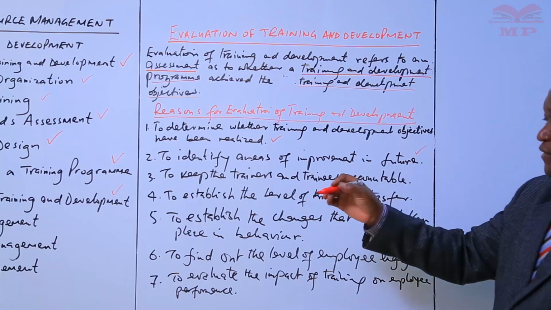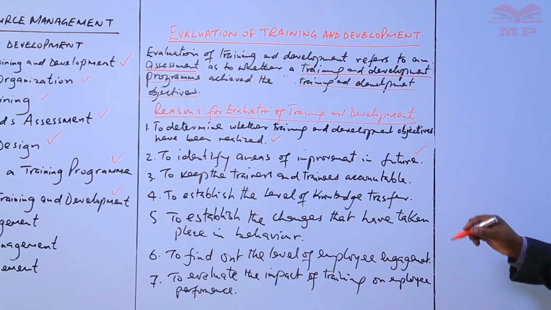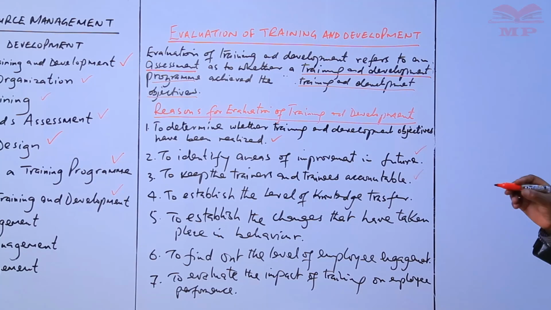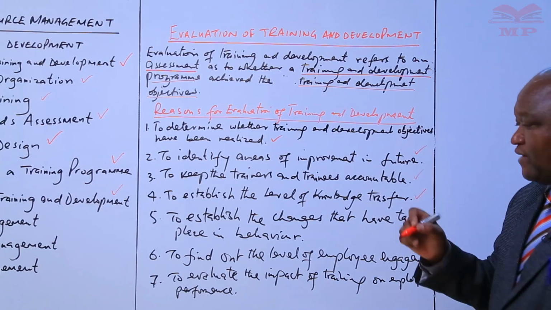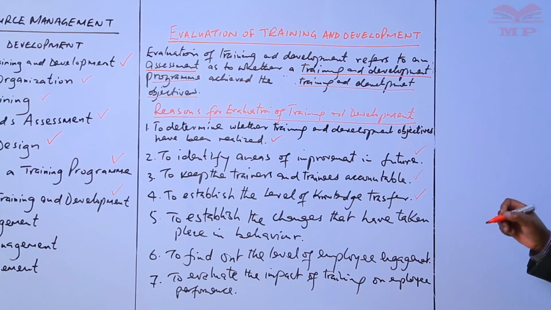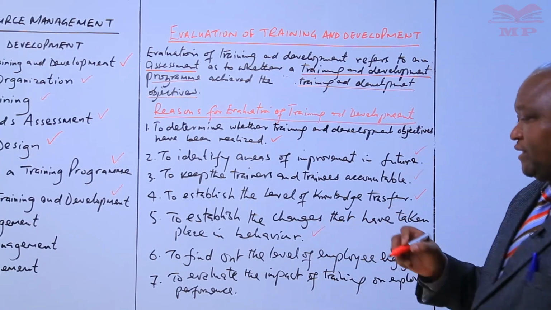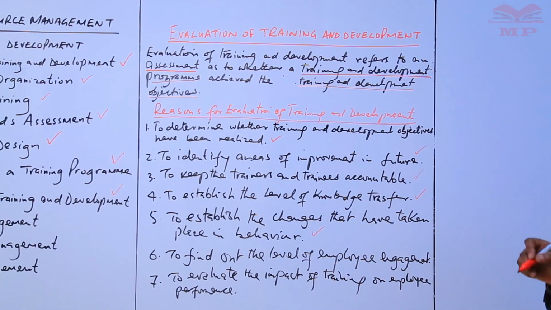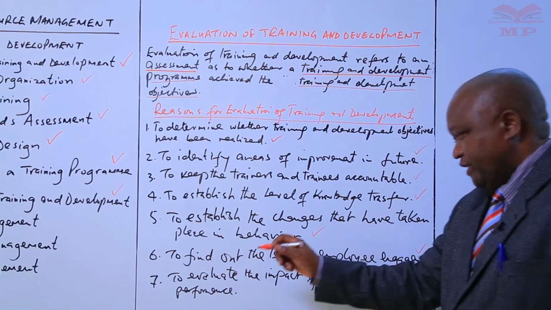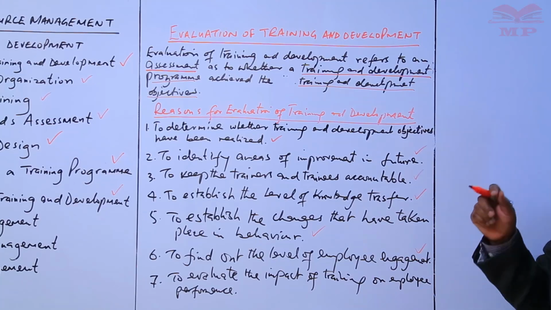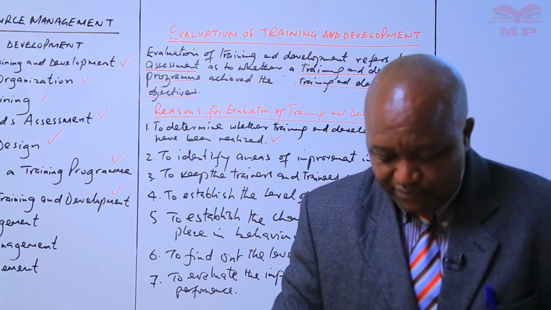Number three, to keep the trainers and trainees accountable. Number four, to establish the level of knowledge transfer. Number five, to establish the changes that have taken place in the behavior of the trainees. Number six, to find out the level of employee engagement. Number seven, to evaluate the impact of training on employee performance in a given organization that may be attributed to a training program.